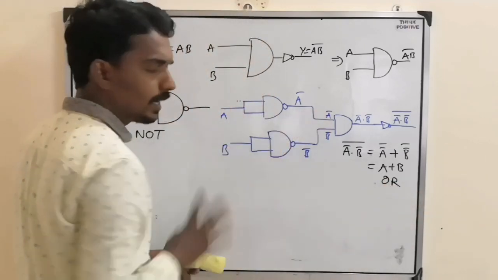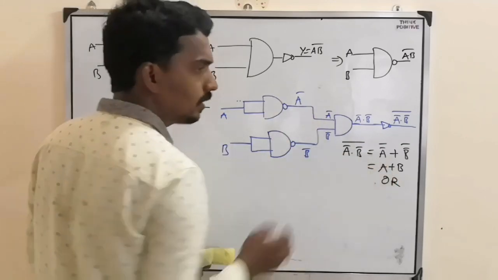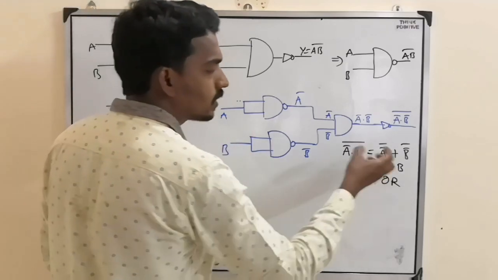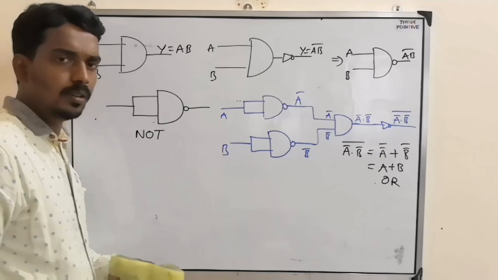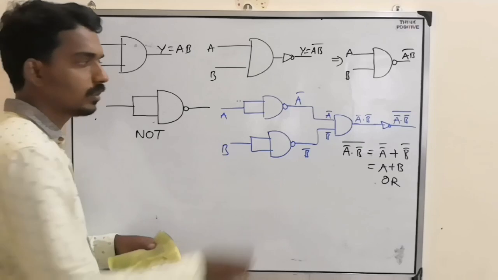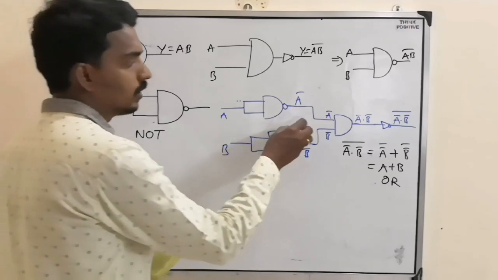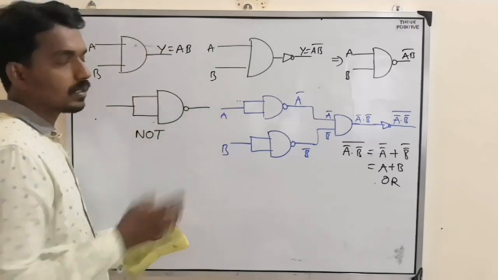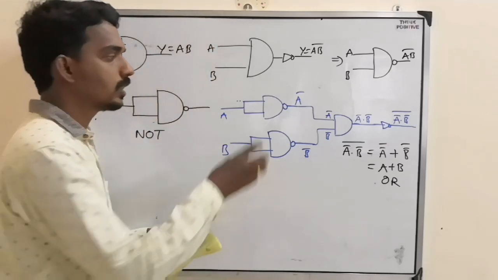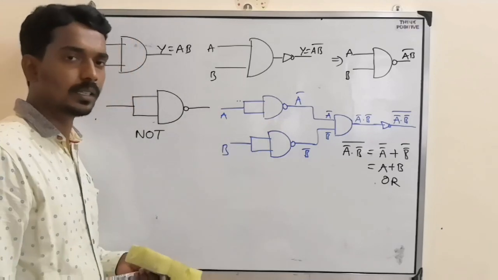So using just NAND gates, 3 NAND gates, I constructed one combination where the output is equal to an OR gate. So you can construct a NOT gate and an OR gate using the NAND gate. That's why it is called a universal gate.